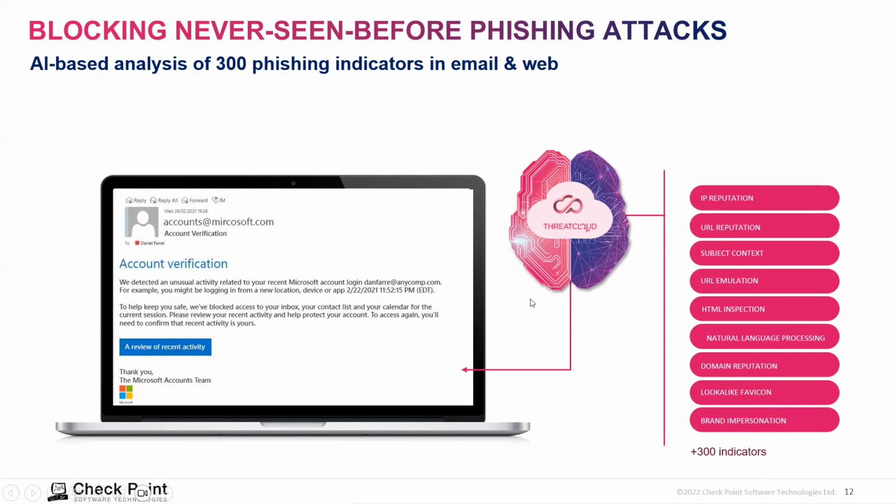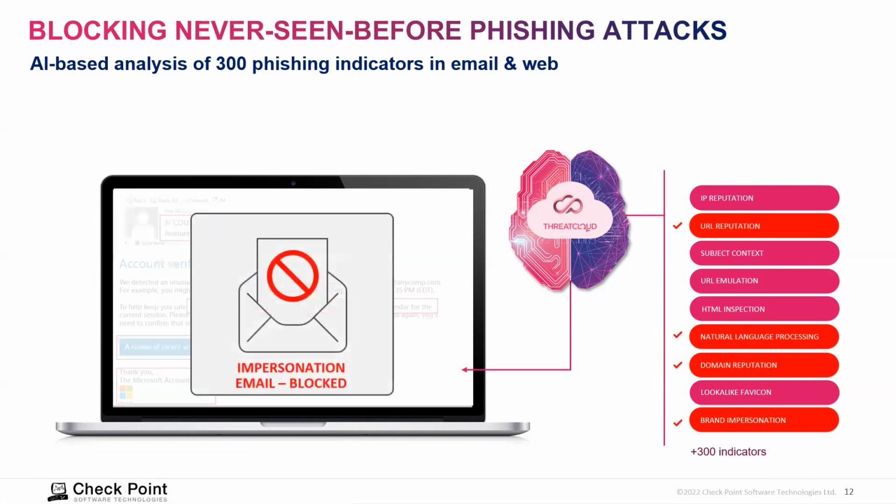But as we all know, this is probably a phishing email, and you see that the threat cloud has all these different engines built in, and it's picking up on brand impersonation, Microsoft, which is a big red flag for the AI. It's also looking at the language, some of the things that are urgent or maybe phrased poorly. It's looking, of course, at the URL itself, and that's how, in this example, the threat cloud has been able to protect this person's email.